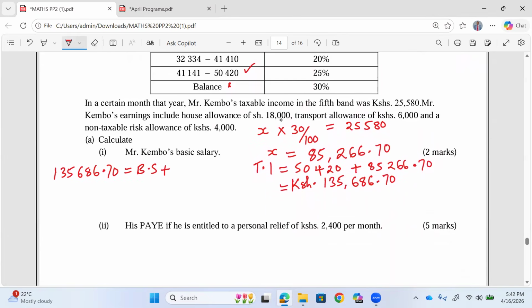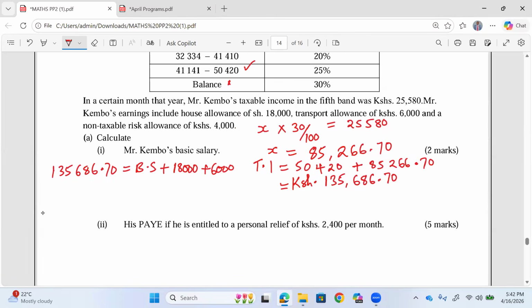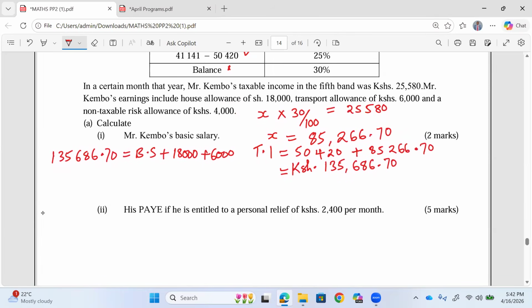We are having house allowance 18K, transport allowance 6. The other allowance is non-taxable, so it is not included here.